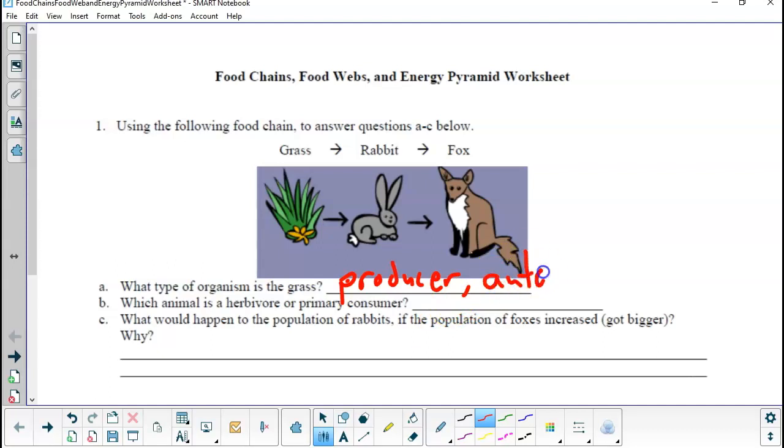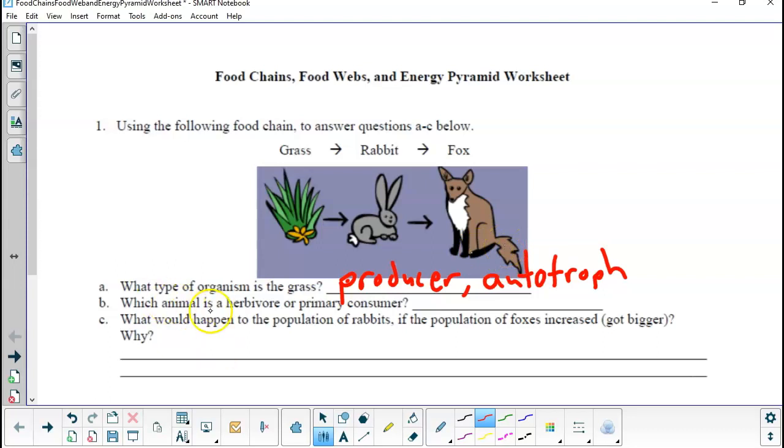So auto, like a car, A-U-T-O, and then troph, T-R-O-P-H, or autotrophic would be okay too. And these two words are synonyms. An autotroph is somebody that automatically feeds itself. Troph means feeding. And a producer produces its own food. So these two words mean the same thing, so either one is a great answer.